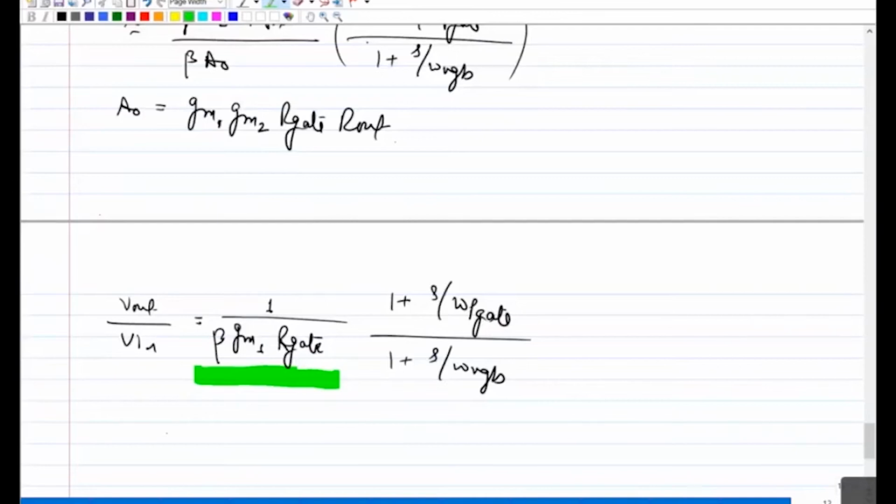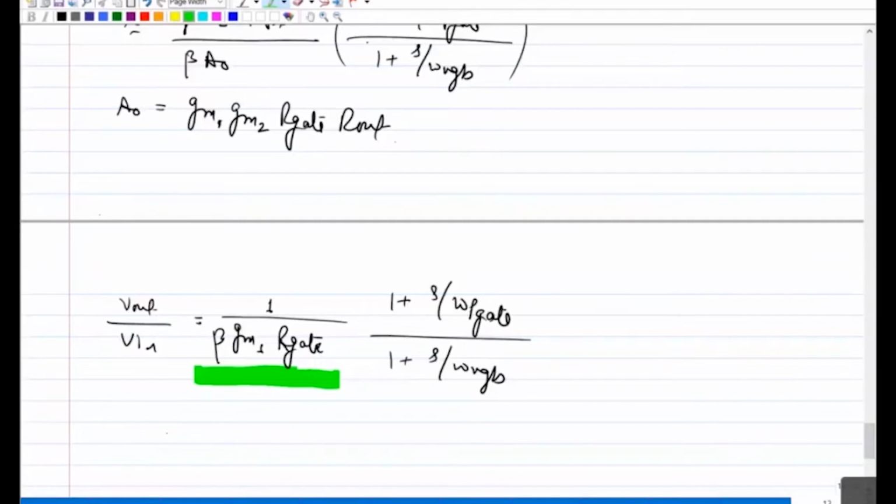But here, what is the GM1 R gate? Which gain is that? The op amp gain, first stage. Yeah, first stage gain, which means the second stage gain basically plays no role in your PSRR. So all the supply rejection you are getting only from the first stage or op amp, which means if you want to improve the PSRR, especially at lower frequency, you have to keep the first stage gain much higher. Otherwise, you'll not get very good PSRR at DC.